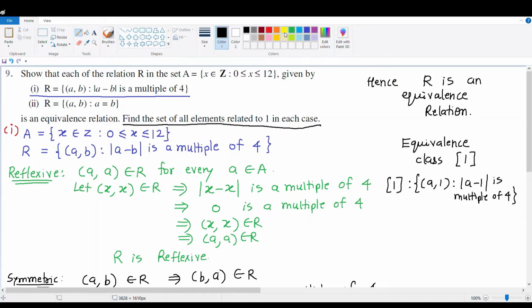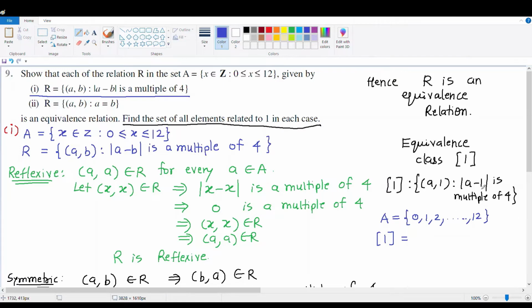So let me write here A: it starts from 0, so 0, 1, 2, and keeps going until 12. For the equivalence class of 1, a minus 1 must be a multiple of 4. We don't worry about negative or positive because we have the mod sign around a minus 1.